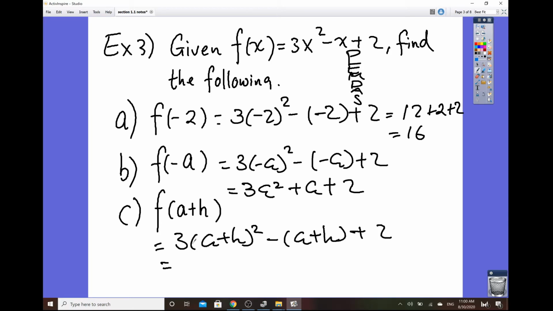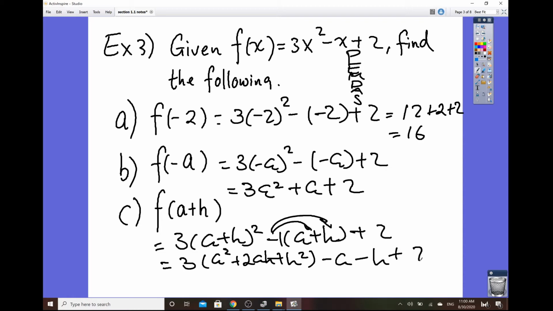For the rest of this, you can expand it. Not quite sure what to do, you can always FOIL: a plus h times a plus h. Or for those who would like to use the binomial expansion, we do have a squared plus 2ah plus h squared. And then minus a minus h, because you want to distribute the -1 right in front of the parentheses, and then plus 2.